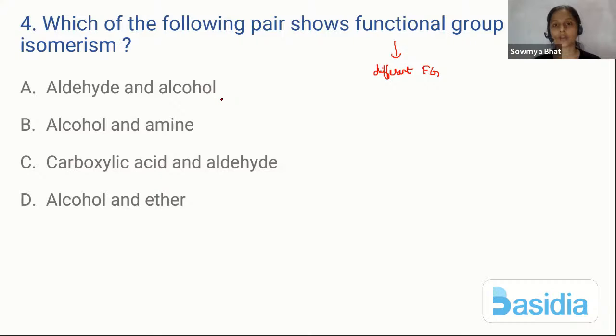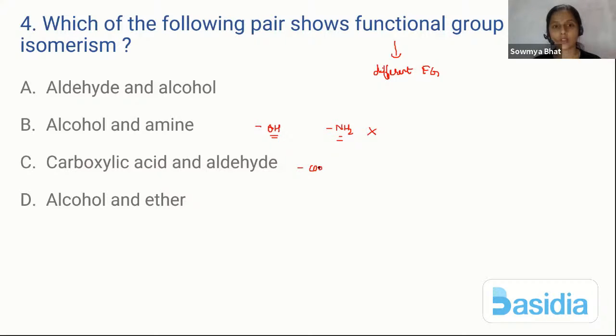So we'll see the functional groups given in the compounds. Here the first one is alcohol and amine. Alcohol is OH and the amine is NH2. They can't have the same formula, because here you have oxygen and here you have NH2. So this can't show any functional group isomerism.